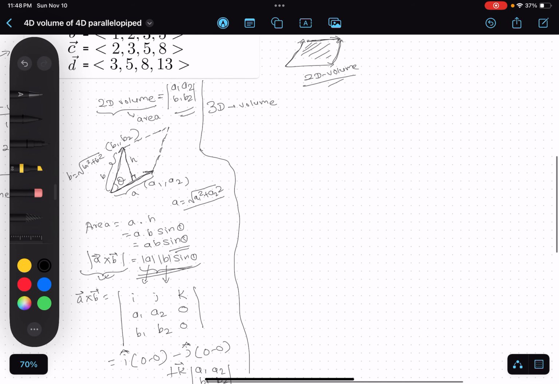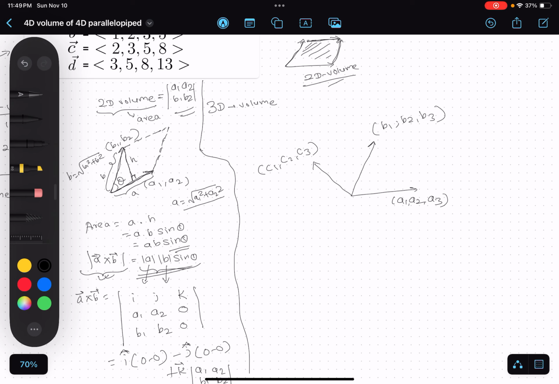Okay, now in 3 dimensions, let's say we have 3 different vectors pointing in 3 different directions, and let's say 2 of them are in the xy plane. These are a1 a2 a3, now we are in 3 dimensions, b1 b2 b3 and c1 c2 c3.